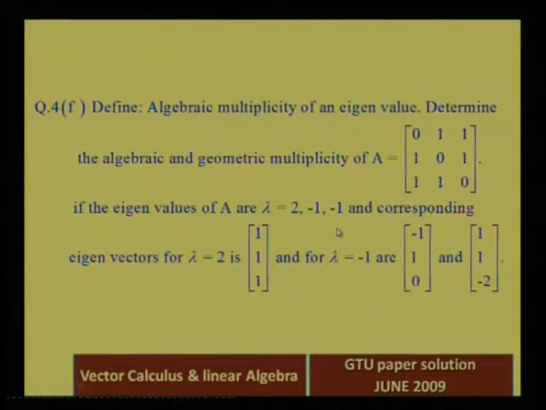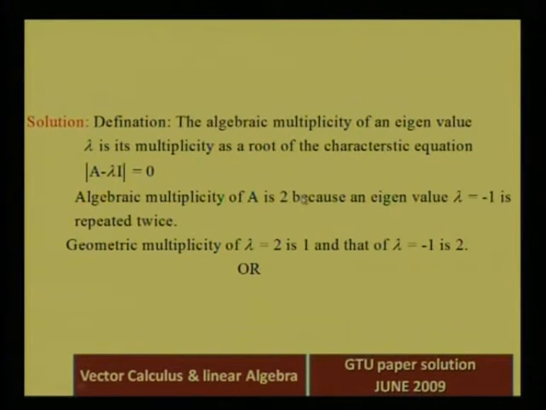So the algebraic and geometric multiplicity of lambda equal to -1 is 2. So here is the answer: the algebraic and geometric multiplicity of 2 is 1, and of lambda equal to -1 is 2.